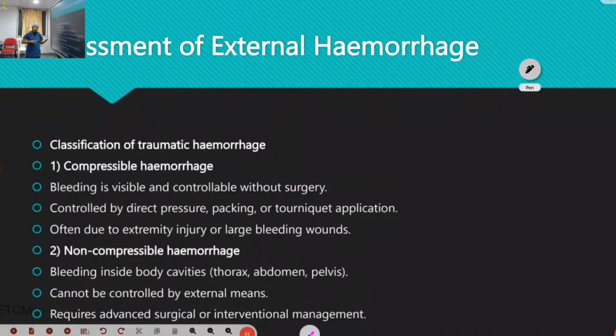It indicates external hemorrhage to which we can apply pressure, a tourniquet, or wound packing if it is a deep wound or laceration, and we can stop the bleeding. Whereas non-compressible hemorrhage is internal hemorrhage or bleeding inside the body cavities, that is the thorax, abdomen or pelvis, and it cannot be controlled by external means.